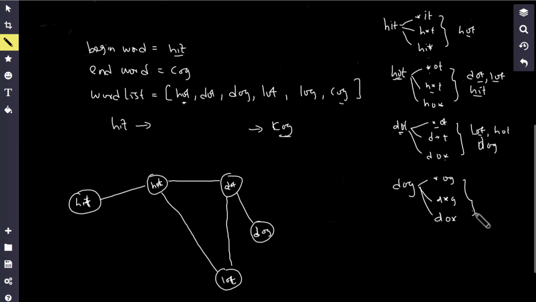And then what will be the corresponding values here? They have to be COG, LOG, and also DOT. So DOT comes from here, and LOG and COG come from here. And this doesn't correspond to anything else aside from DOG.